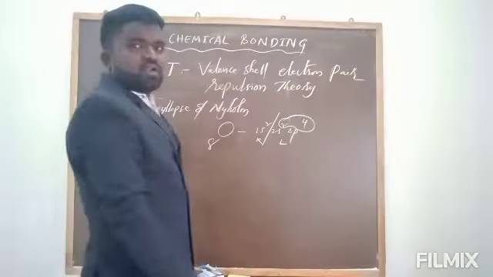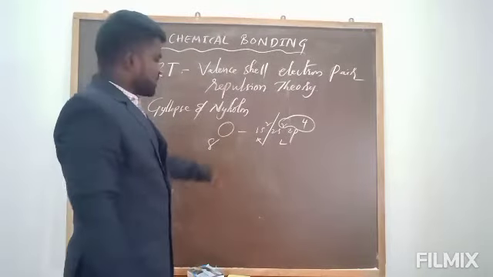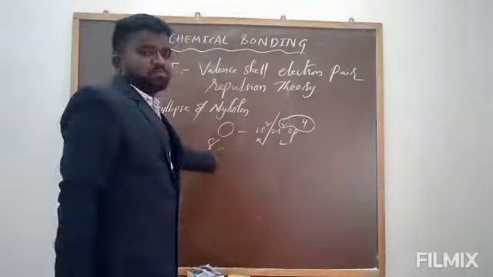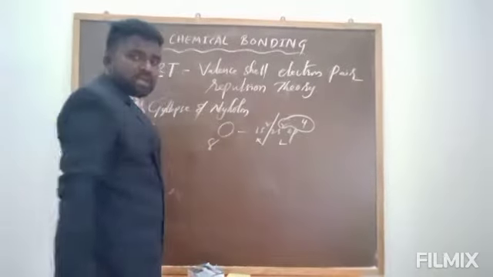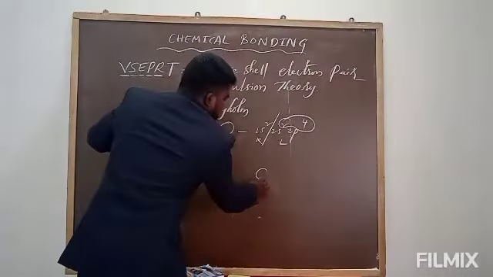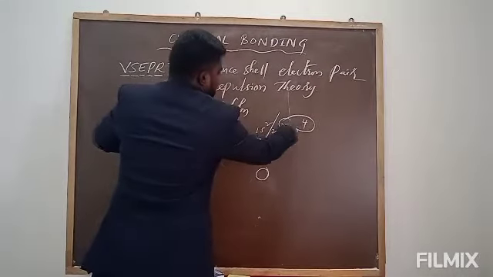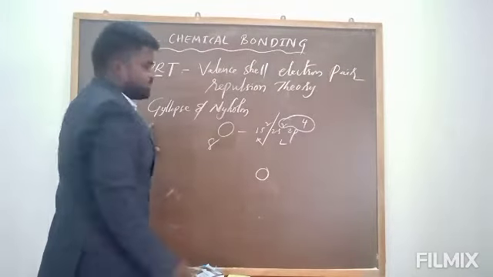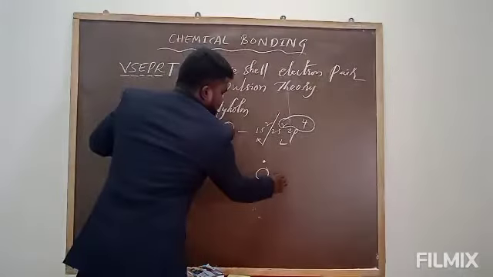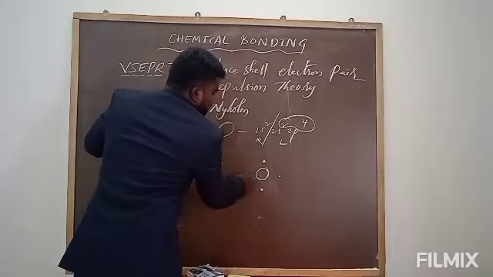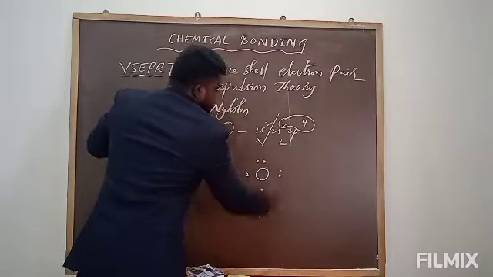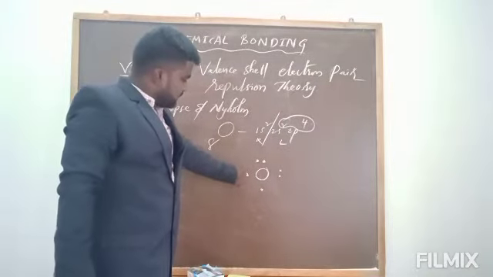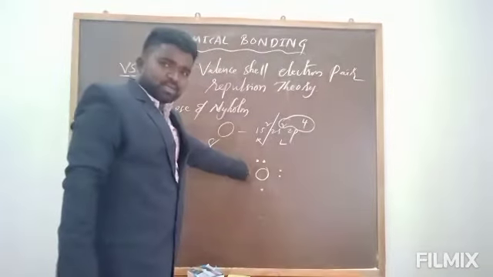6 valence electrons. According to the Lewis-Dot method, the structure becomes like this. Oxygen, 6 electrons are there, so we have to keep dots: 1, 2, 3, 4, 5, 6. After keeping the dots around the atom, the double dots are here.